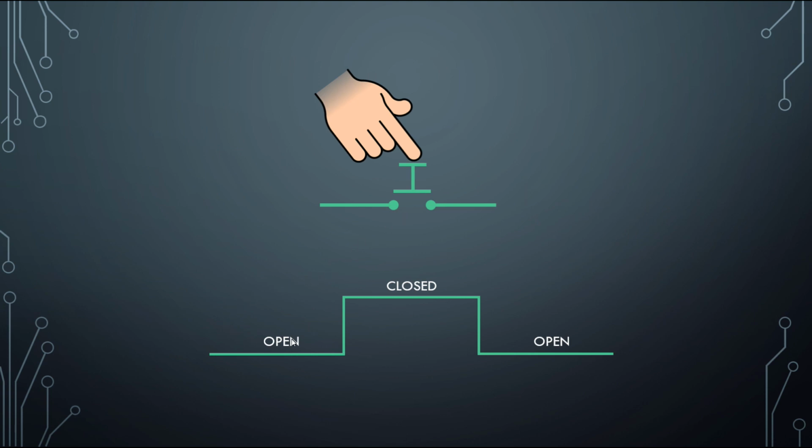This is a timeline showing the action of the switch. The events occur here, creating the rising edge, and here, creating a falling edge. The period between these events is the status of the switch.